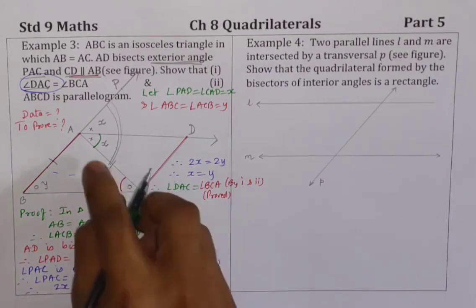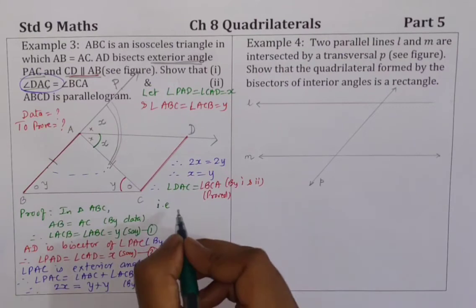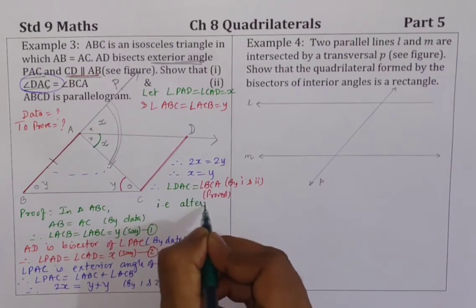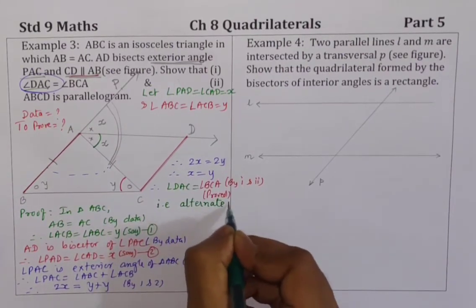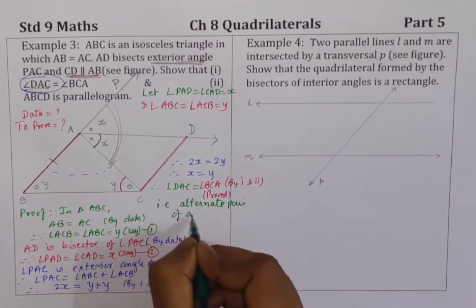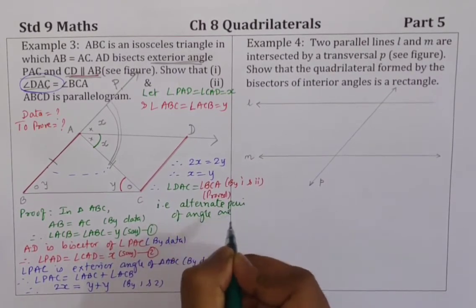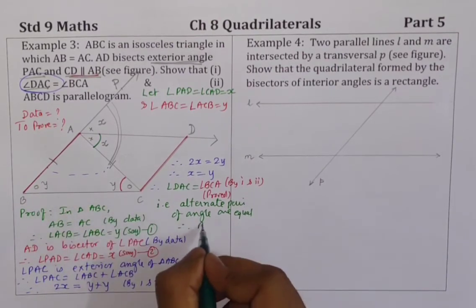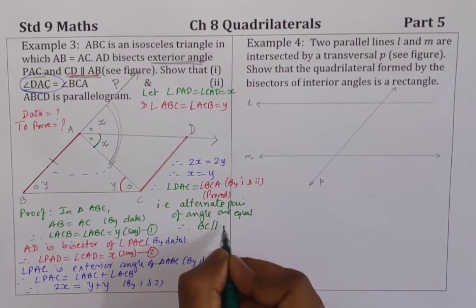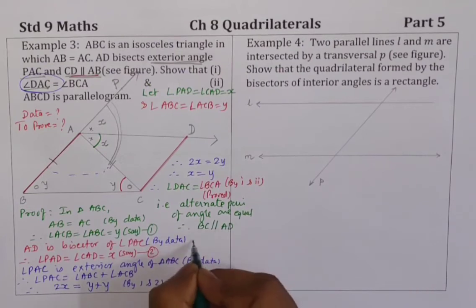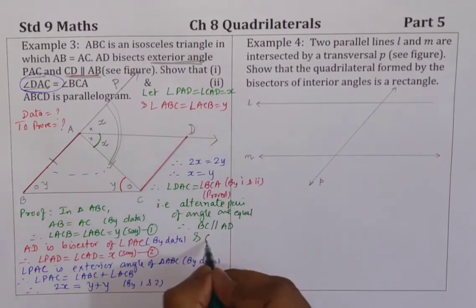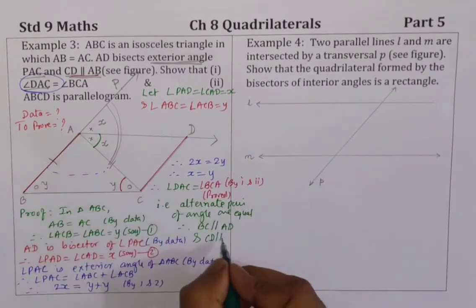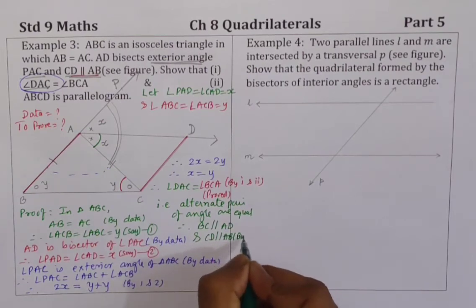IE, यस, ये और ये IE alternate pair of angles are equal, therefore BC is parallel to AD and CD is parallel to AB, that is by data.